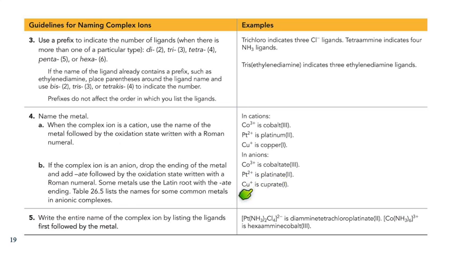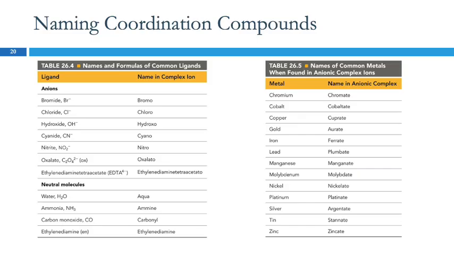Copper, I guess copperate just didn't sound very good. So they go back to the Latin name cuprum, and so it's cuprate. But again, the charge, the oxidation state, is in Roman numerals. Over here, we have some of the common metals and what they would be named as anions.